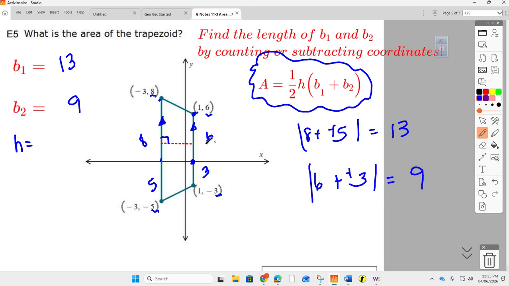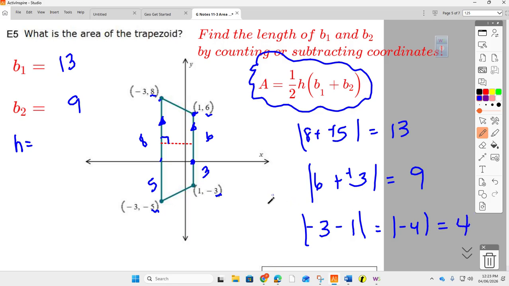We could also use the Pythagorean theorem or the absolute value of the difference of the y-coordinates. So that's going to be 9. What is the height of this trapezoid? 4. How'd you get that? Negative 3 minus 1 gives us the absolute value of negative 4, which is positive 4.